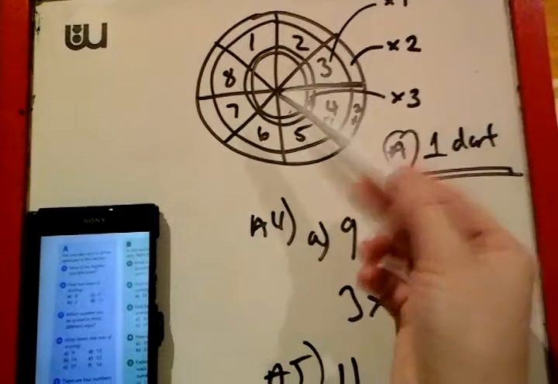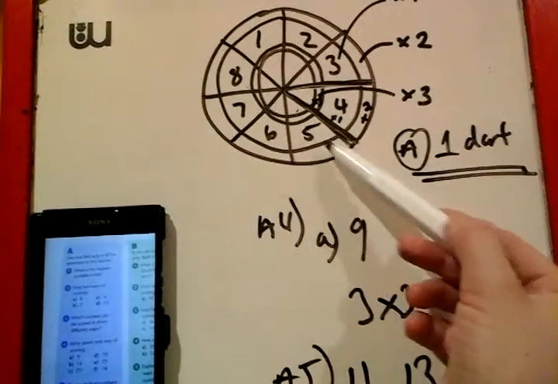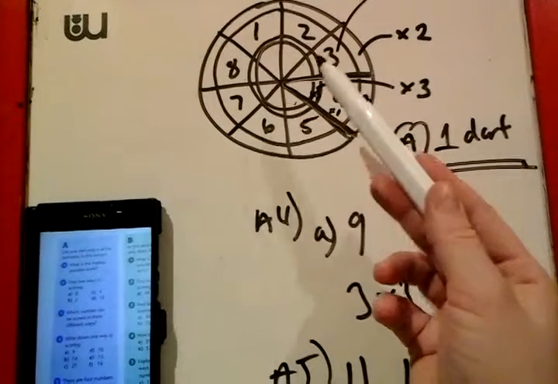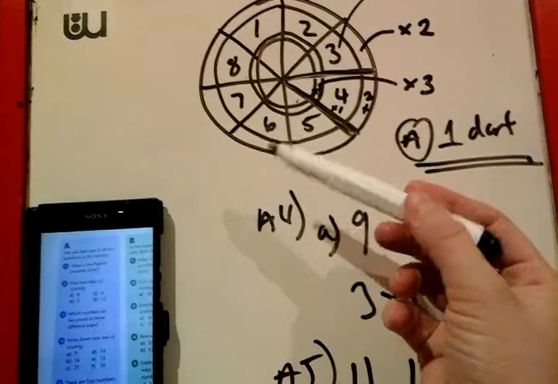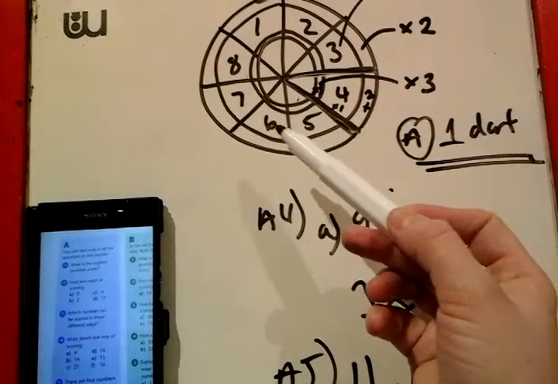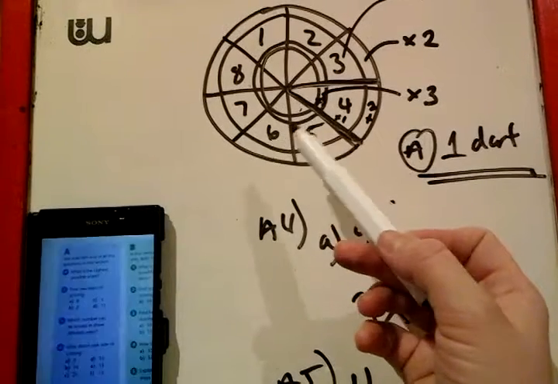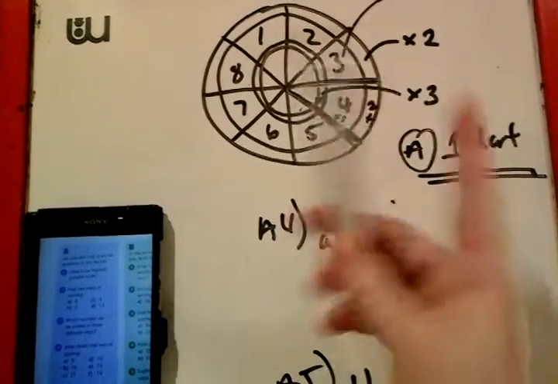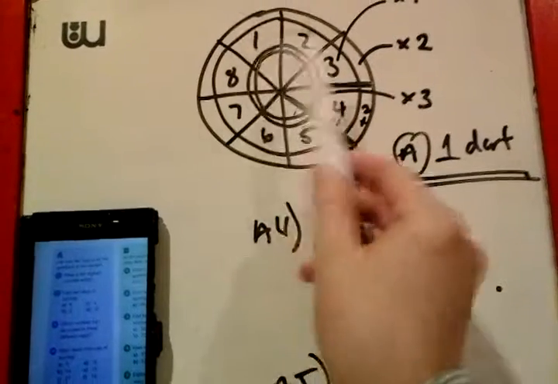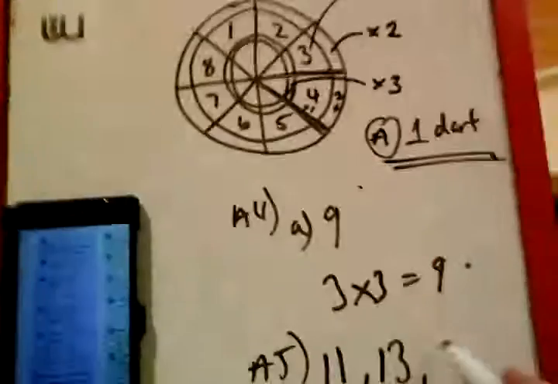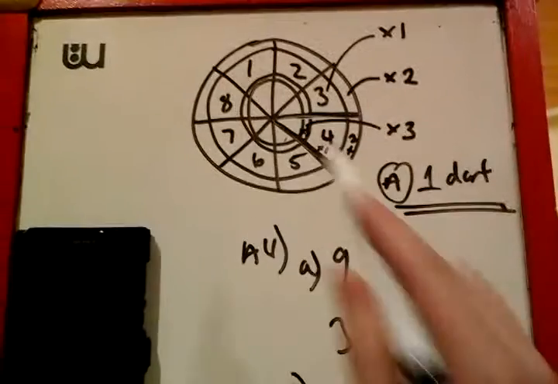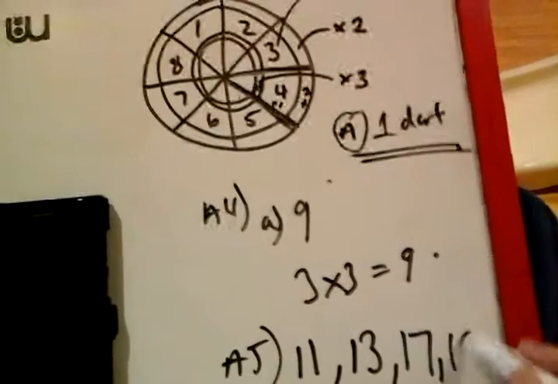That's fine. 15, 5 times 3 you can do. 16, 4 times 4. Oh, you can do 8 times 2. Sorry, you can do 16. 17 you can't do, and 19 you can't do. There you go. Those are the 4 numbers.